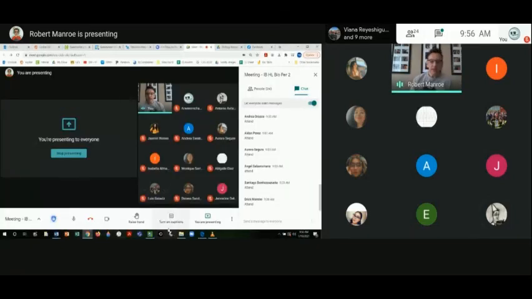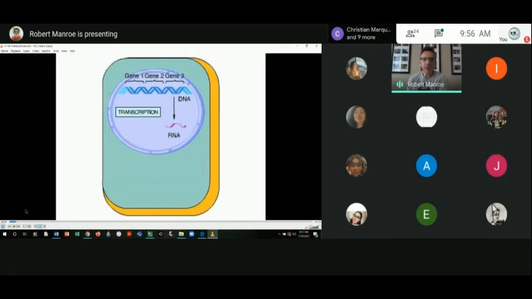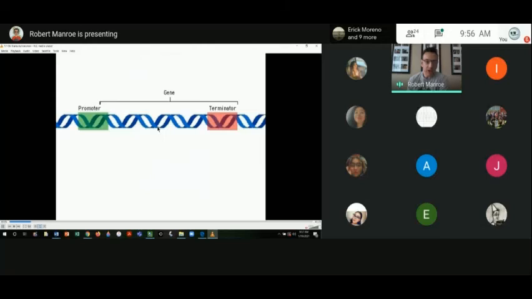All right, so let's go over here. Here is your eukaryotic cell. Here's your plasma membrane. Here's your nucleus. Here's your double-stranded DNA, and they're showing you genes side by side. The DNA is read through a process called transcription to produce RNA.